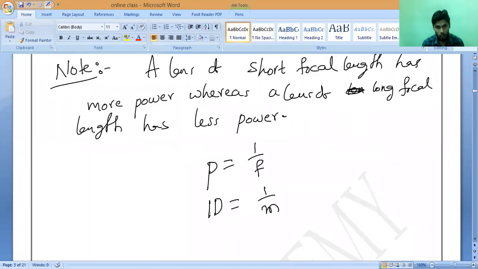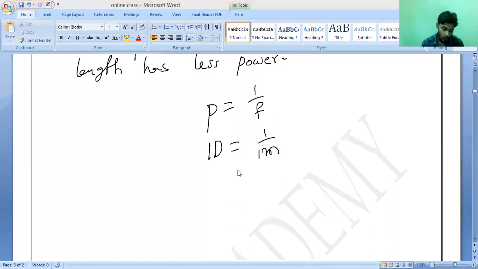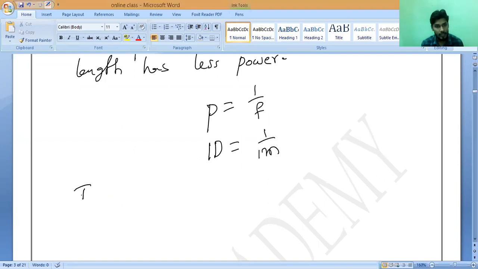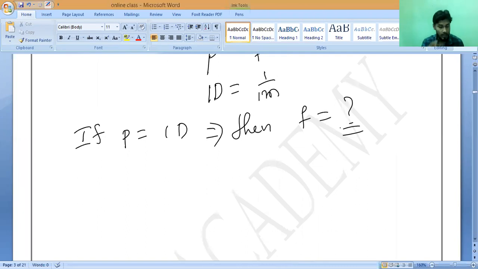If you want to get the power equal to 1 dioptre, plus or minus doesn't matter, then what about the focal length? What is the focal length? F is equal to how much?